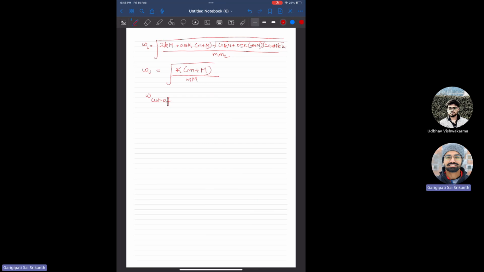If you try to plot, omega cutoff will be basically this, but instead of minus here, we'll have plus. So same thing, almost similar in form.